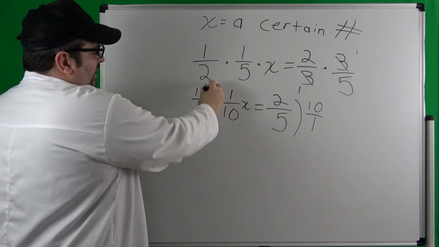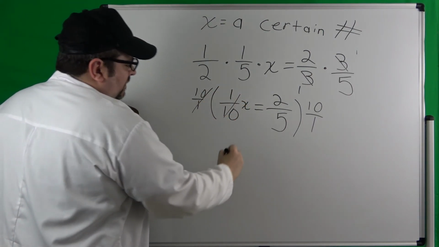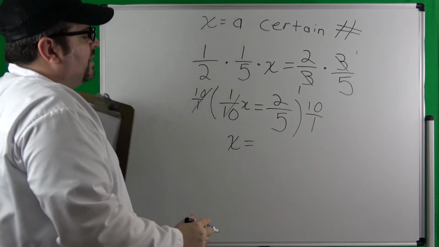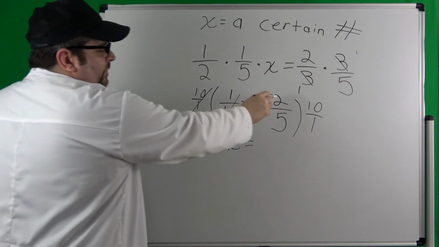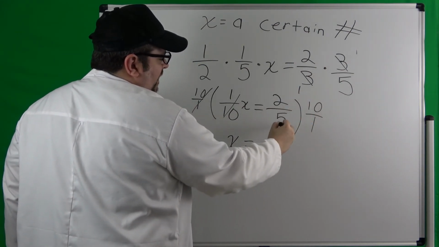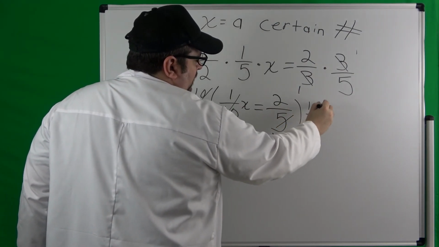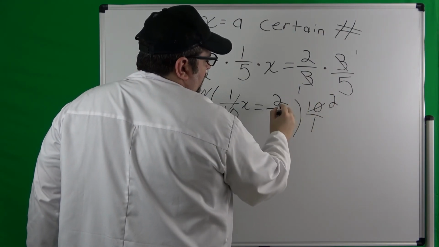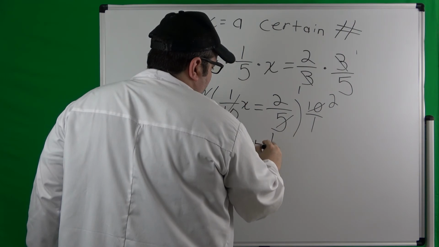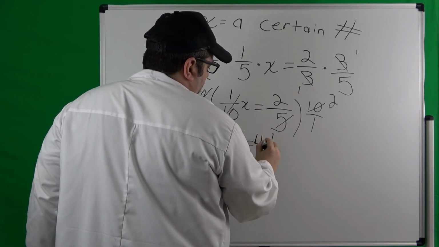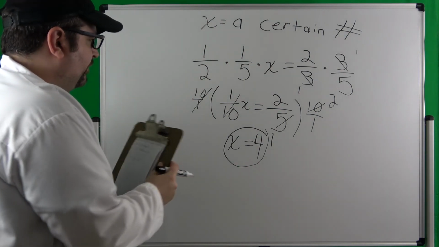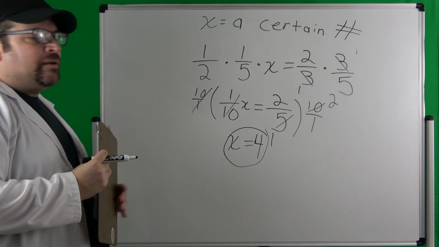That's going to get rid of this, and we're just left with x equals 2/5 times 10/1. Well, 5 and 10 have a common factor of 5, so we get 2 times 2 is 4/1. x equals 4. Okay, that was fun.